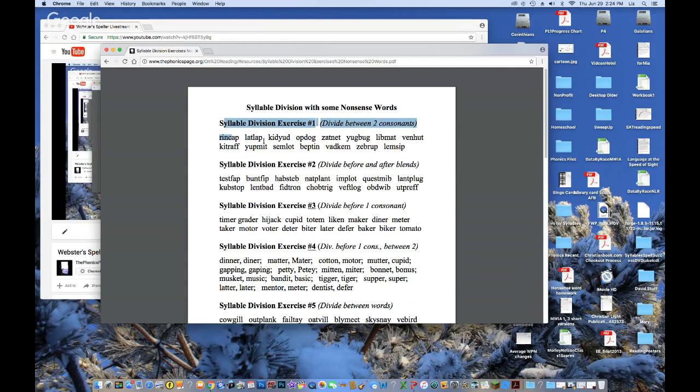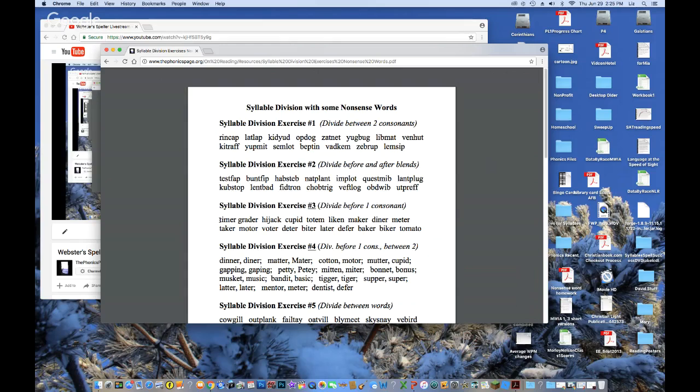But at the beginning, if they're having a hard time, have them sound out each part and then put it all together. And if they have a hard time finding the 2 consonants in the middle, you can have them put a little X above or below the vowels, and then that shows everything remaining is consonants, and it kind of highlights the 2 consonants in the middle, and they can divide between them.